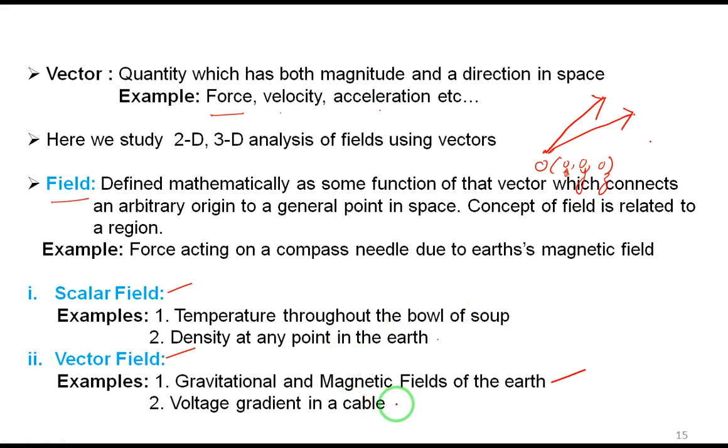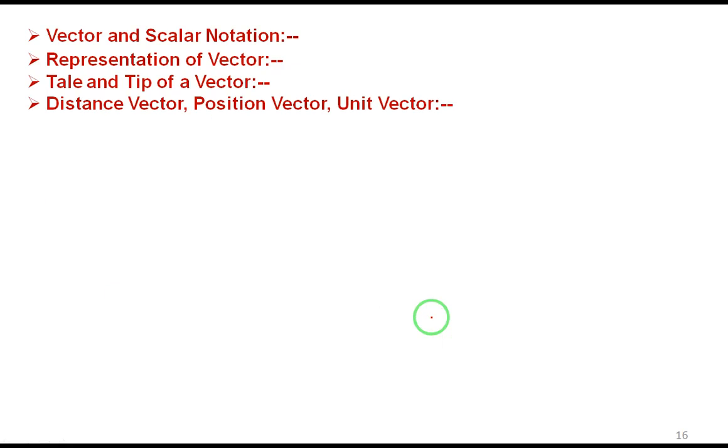Then the voltage gradient in a cable, yes, the current always flows from higher potential to lower potential, so the voltage gradient in a cable is a vector field. Then coming to the next topic, that is vector notation and scalar notation.